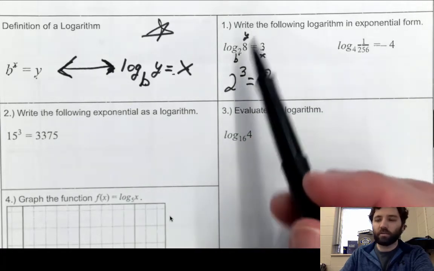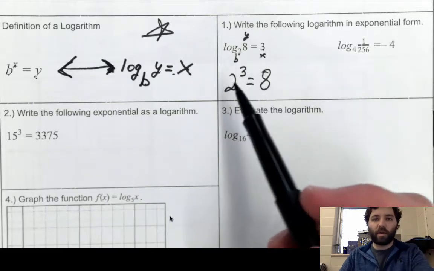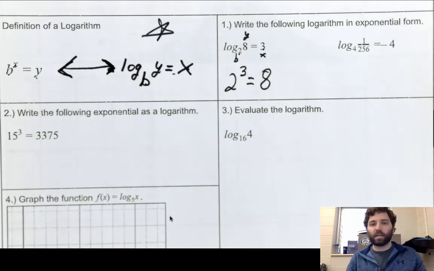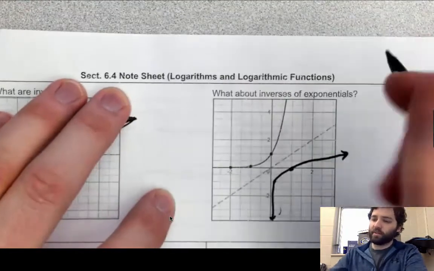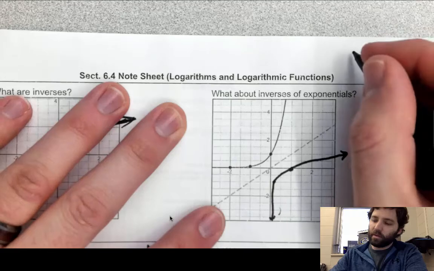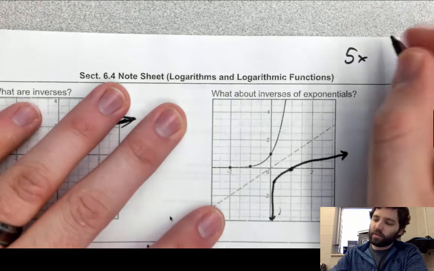You can check in your calculator: 2 cubed is 8. Now, on these problems, you do not need to solve anything. You're just taking a number or an equation in one format and changing it to a different format. It's very similar to if you had something like 5x equals 7.